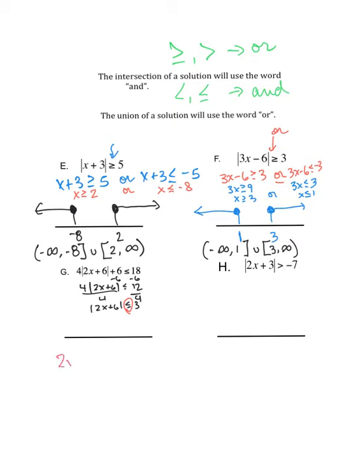So we have 2x plus 6 less than or equal to 3, 2x plus 6 greater than or equal to negative 3. But in this case, ladies and gentlemen, it is and. And then we solve.